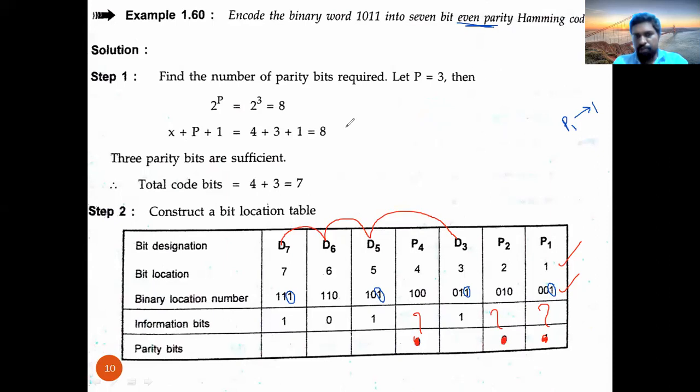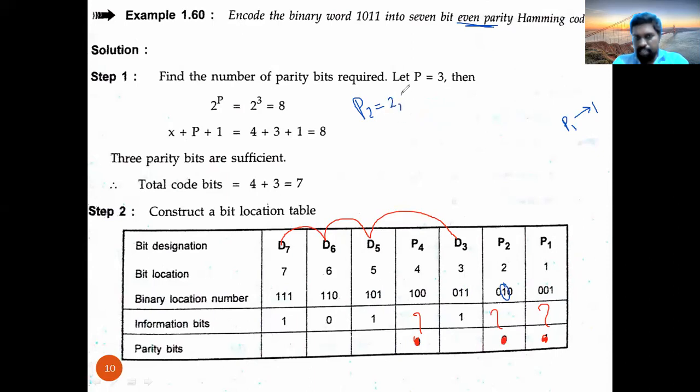So what is for P2? Same. In P2, look where 1 exists in the middle term. Let me erase this. See, in P2 we have the middle term 1. So 2 has the middle term 1.